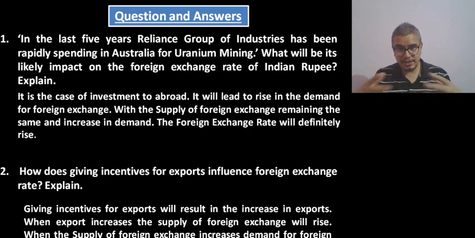When there is excess supply, we know from class 11 that price is going to reduce. Here price is replaced by foreign exchange rate, so foreign exchange rate will fall, because supply has increased, demand has remained the same, so there will be excess supply, and when there is excess supply, price will reduce. Price here means exchange rate.